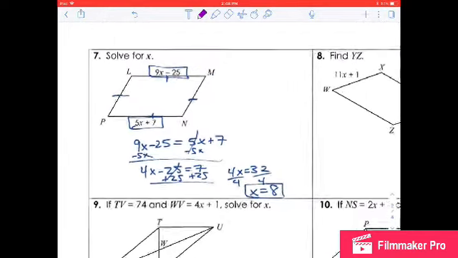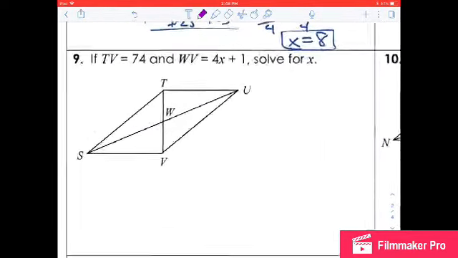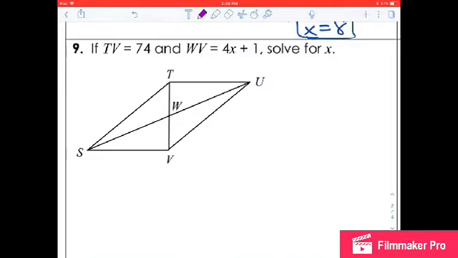So same thing on something like number 9. Check what we have. TV is 74, the whole thing, which makes each part half of that. So that'd be 37 and 37. WV is 4x plus 1, so this part is 4x plus 1.